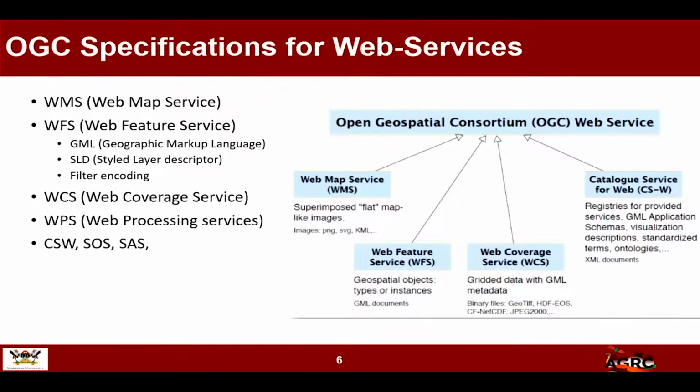For example, if you have a digital elevation model being served as a web coverage service, you'd be able to use it to compute, for example, slope. Now, with the web map service, on the contrary, you just get a picture. You cannot do anything with it. The best you can do with that thing is just to overlay other maps on top of it.